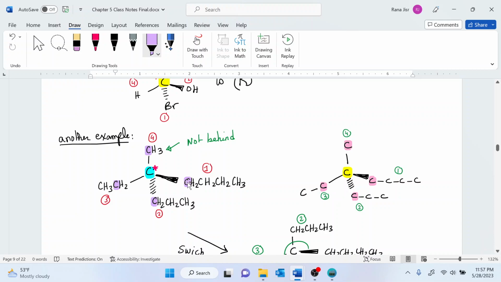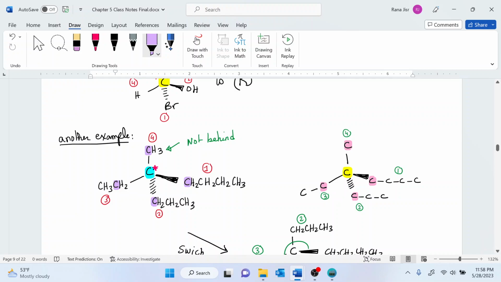So notice here I did not consider this whole group all at once and said that this is 4 carbons, this is 3 carbons, this is 2 carbons, then definitely this one is going to be the higher priority because it has the higher atomic number. No. Or higher mass number in this case. No. You go one element at a time.